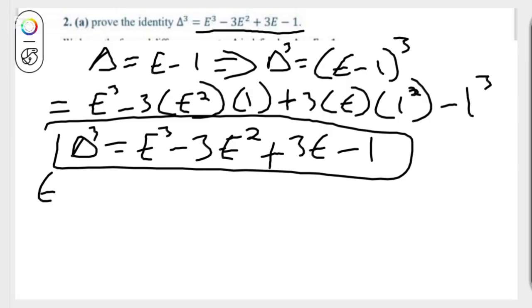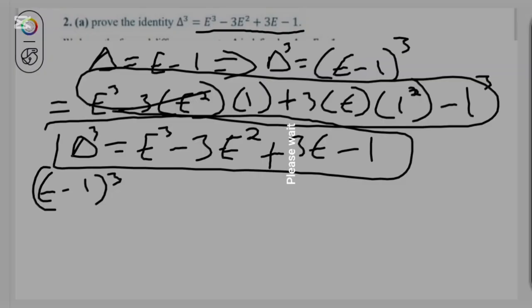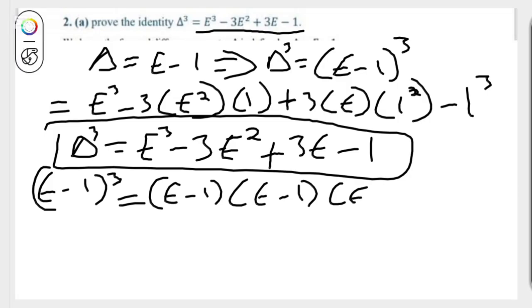I said (e minus 1) cubed is the same thing as this. Some people might ask how. So I have to write (e minus 1) and (e minus 1), and I have to multiply them. The first thing that I'm going to do, let me keep this e minus 1 first.